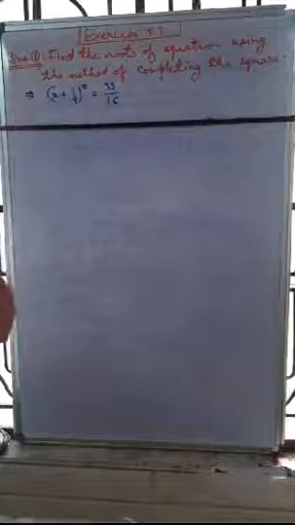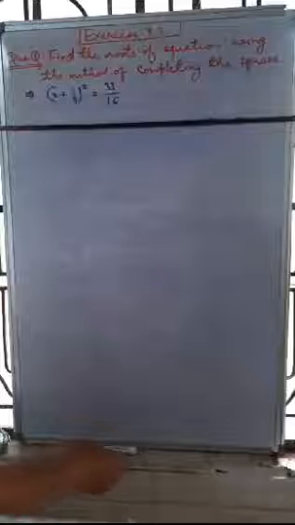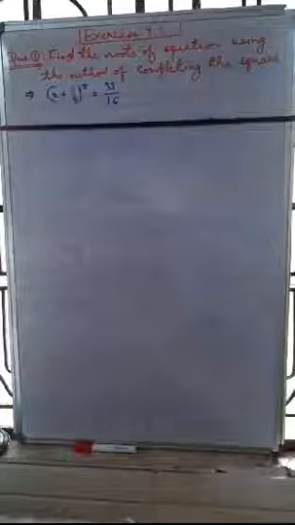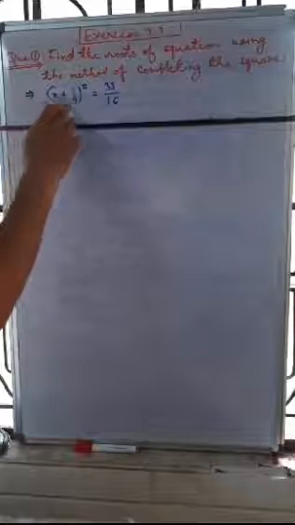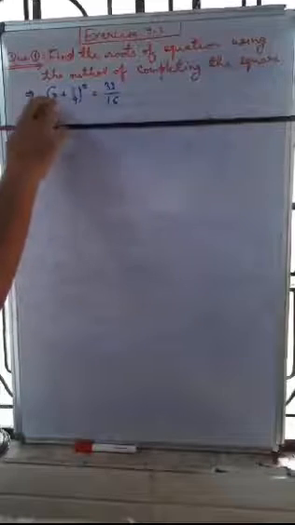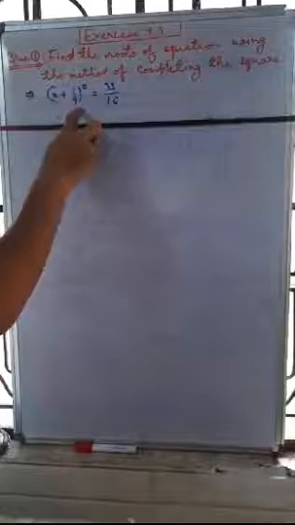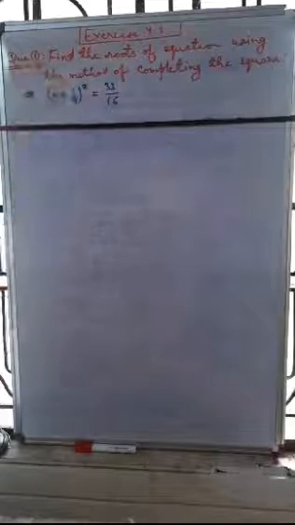Students, now we are having x plus 1 by 4 whole square is equal to 33 by 16. So we have to find out the roots of the equation. Here we can take under root on both sides for getting the value of x, because we are having the equation x plus 1 by 4 whole square is equal to 33 by 16.